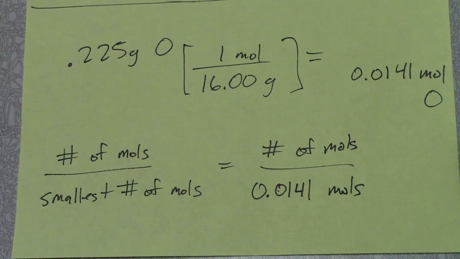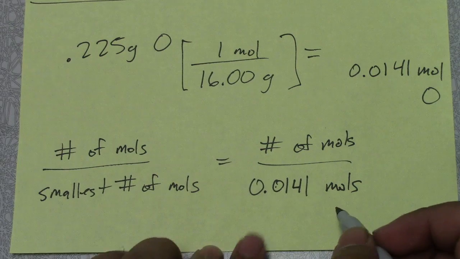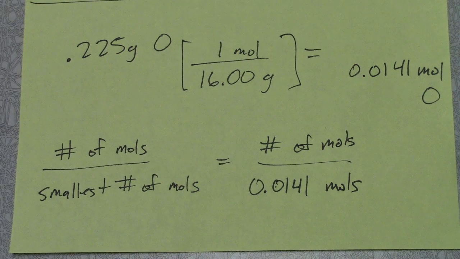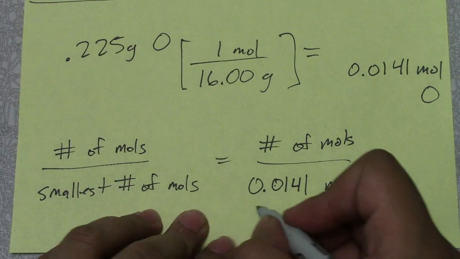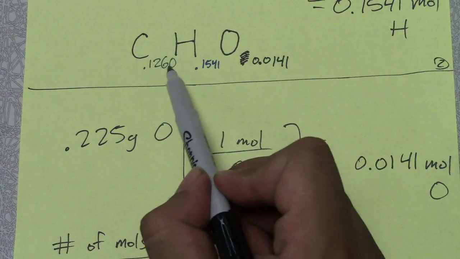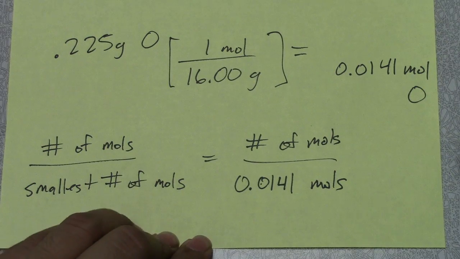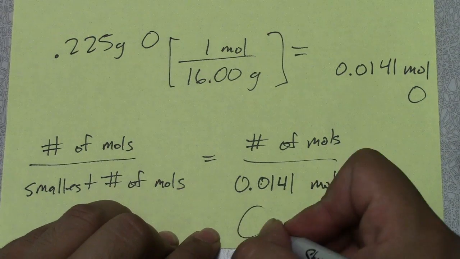And again, that corresponds to our oxygen. So we do this, and we come up with, finally, our empirical formula. That's very close to the finish line. And let's see, where exactly do we have our empirical formula? It comes out to something like this. So I divided my 0.1260 for carbon by 0.0141, and I did that with hydrogen and oxygen too, and I came up with this formula.